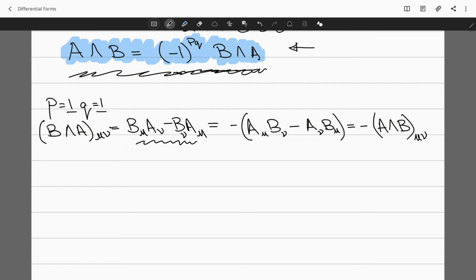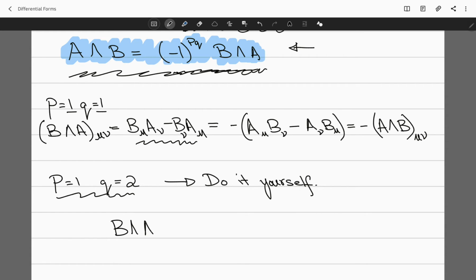Now you could do another example with taking P is equal to 1 and Q is equal to 2, but I would not do this for you. I would say that you should do it yourself, as an exercise. And if you go ahead and do that, what you would find out is that simply this B wedge A mu nu lambda, we would have 3 indices now, is equal to A wedge B mu nu lambda.